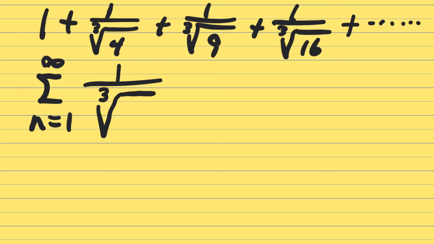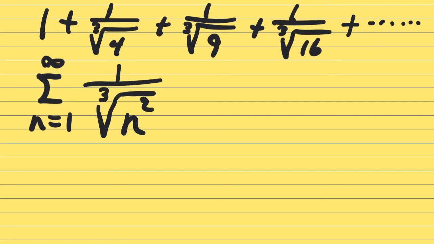Let's see if we can figure out what goes underneath. 4 is in the second term, and we know that 4 is 2 squared. 9 is in the third term, and that's 3 squared. 16 is 4 squared. So I think it is the term squared underneath that cube root radical.